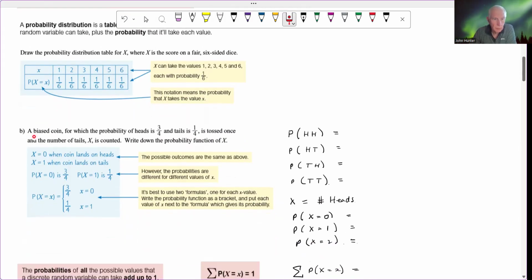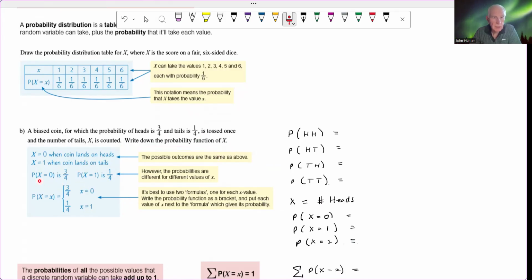So have a look at this example. A biased coin, for which the probability of heads is 3/4 and tails is 1/4, is tossed once, and the number of tails is counted. Write down the probability function of X. So when the coin lands on heads, we're going to denote that as a 0, and when it's on tails as a 1.